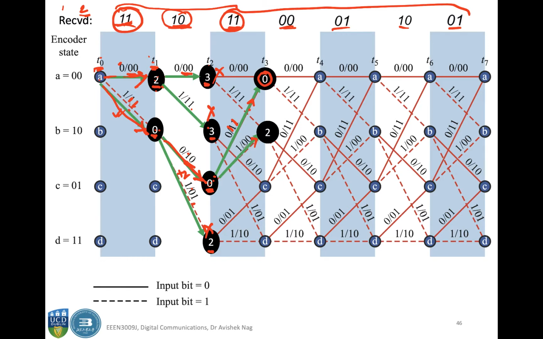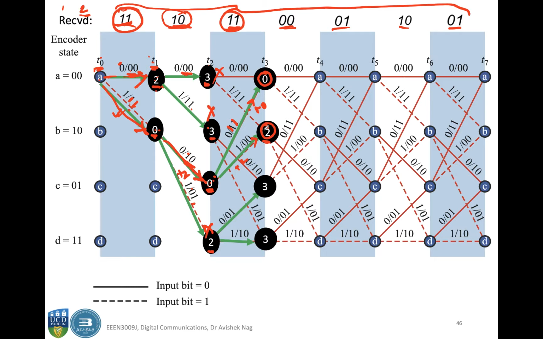If you take this path, then the Hamming distance is 2 and the accumulated path length will be 2. It was 0 here, so 0 plus 2, and here 0 plus 0. So you have 0 here, and 2 here.